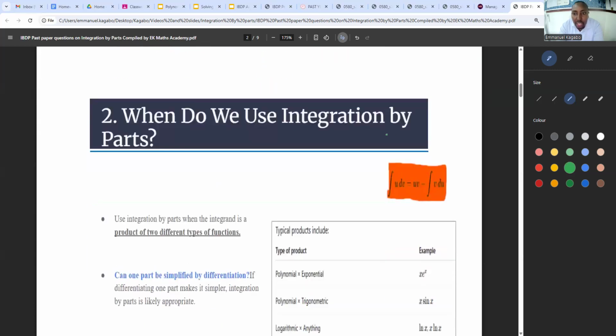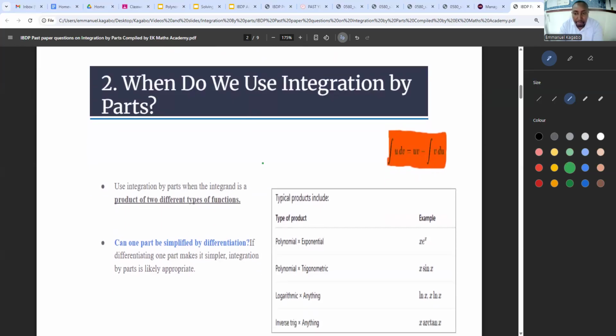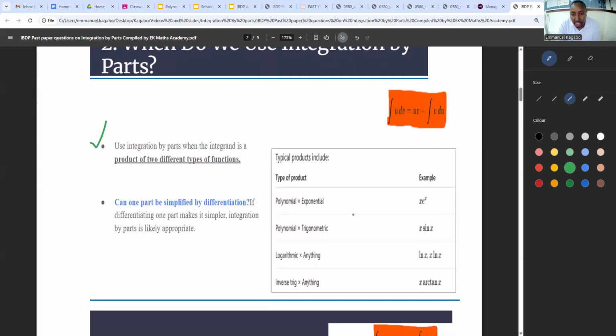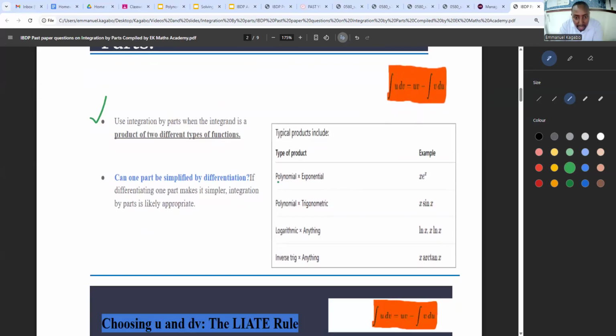I'm going to explain how you know you're going to use it. When do we use integration by parts? I've already said that we use it when we are multiplying two functions. That's point number one. You apply it when you are multiplying two functions. For instance, you are multiplying a polynomial and an exponential, e.g. x e^x, or another example, x squared e^(2x).